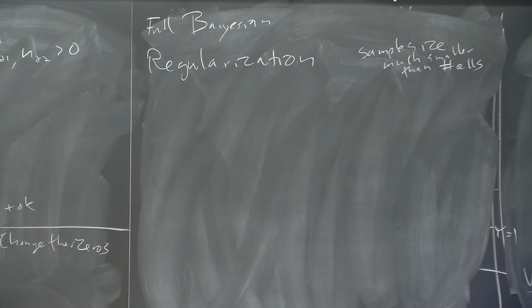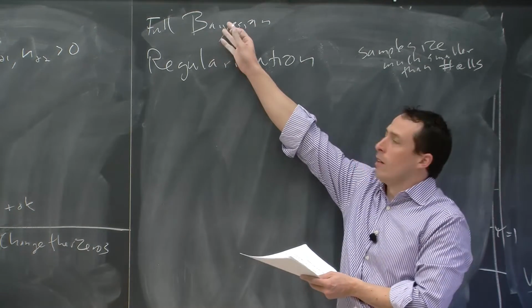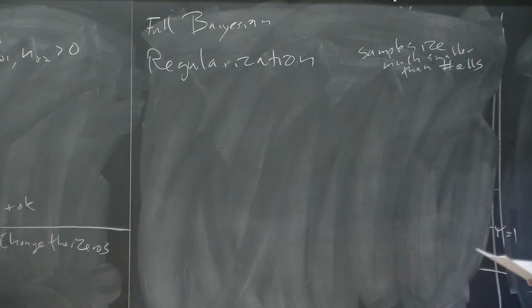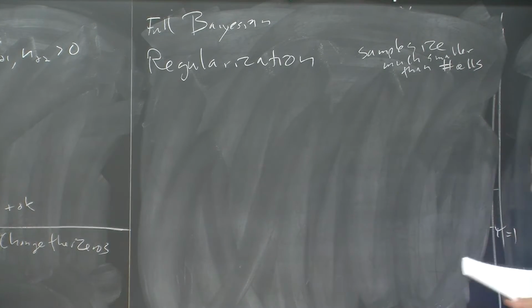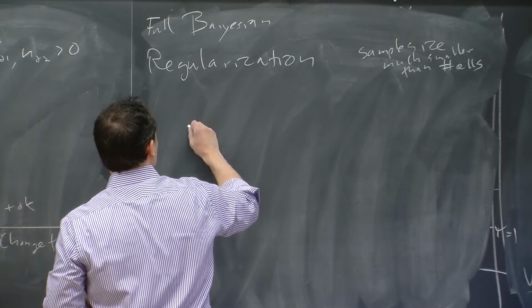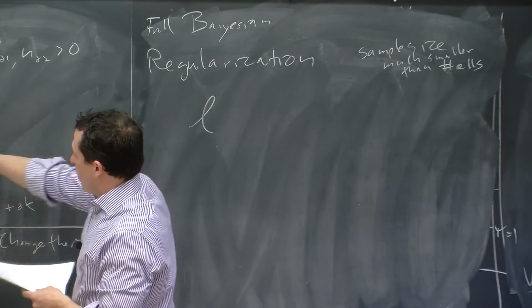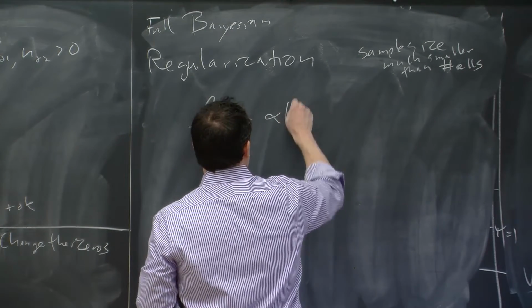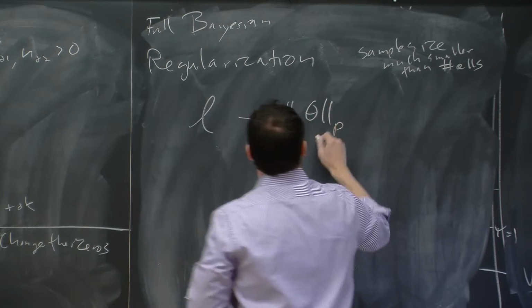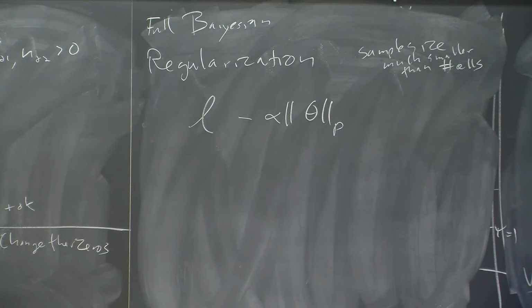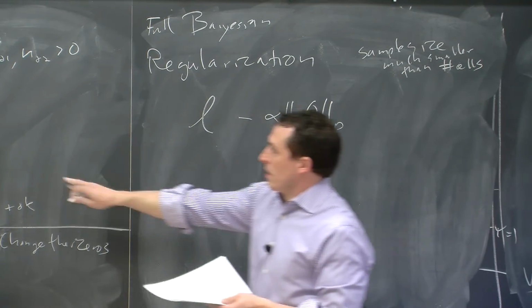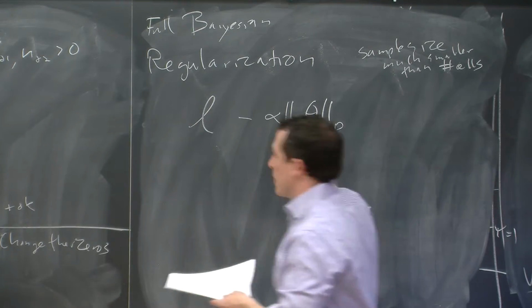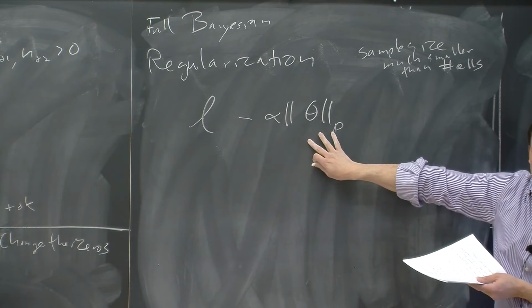This is like L1 regularization, or lasso. This strategy, which you can think of as a shortcut to the full Bayesian, has been very successful in dealing with this situation. We take our likelihood, whose maximizer would go off to infinity, and then we penalize it by some function of the parameters. If theta is going off to infinity, this penalty will go off to infinity too.